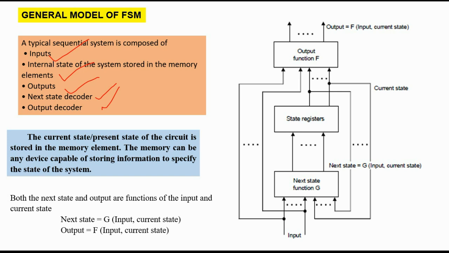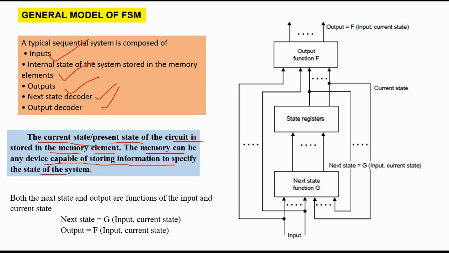And coming to the blue highlighted content, the current state or present state of a circuit is stored in memory elements. The memory can be any device capable of storing information to specify the state of the system.